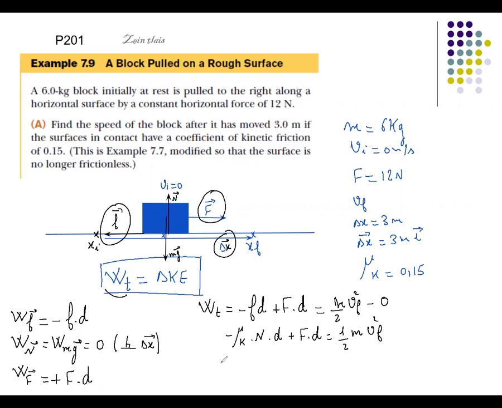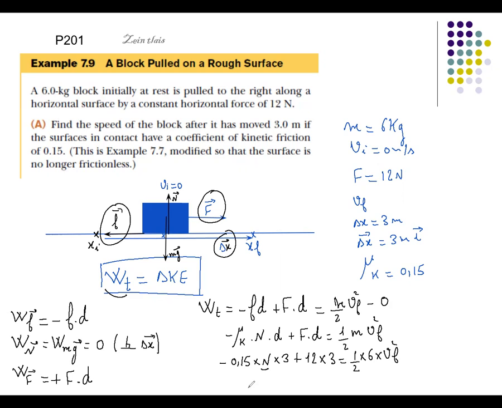Mu equals 0.15, and N equals mg. The displacement d equals 3 meters, plus capital F equals 12 times 3, equals half times 6 times v final squared.